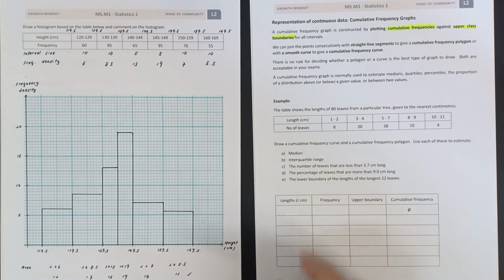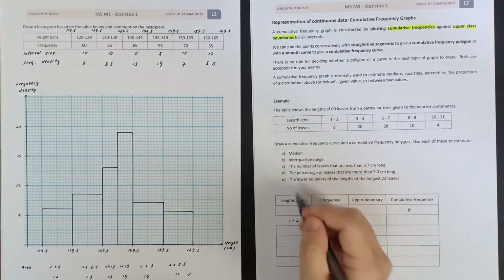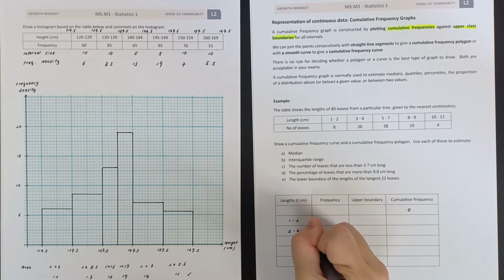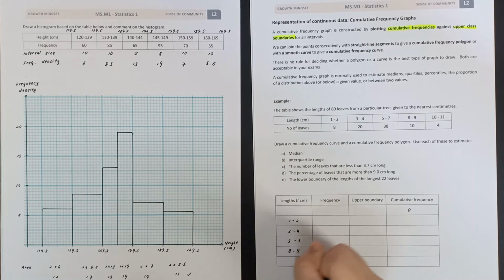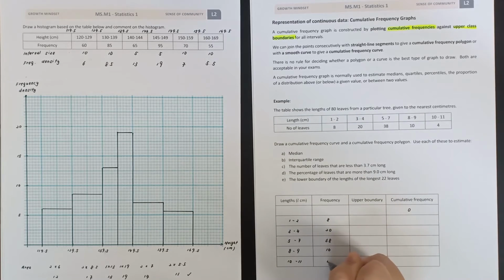We will write this at the second column and so on. So 1 to 2, 3 to 4, 5 to 7, 8 to 9, 10 to 11. My frequencies are 8, 20, 38, 10, and 4.